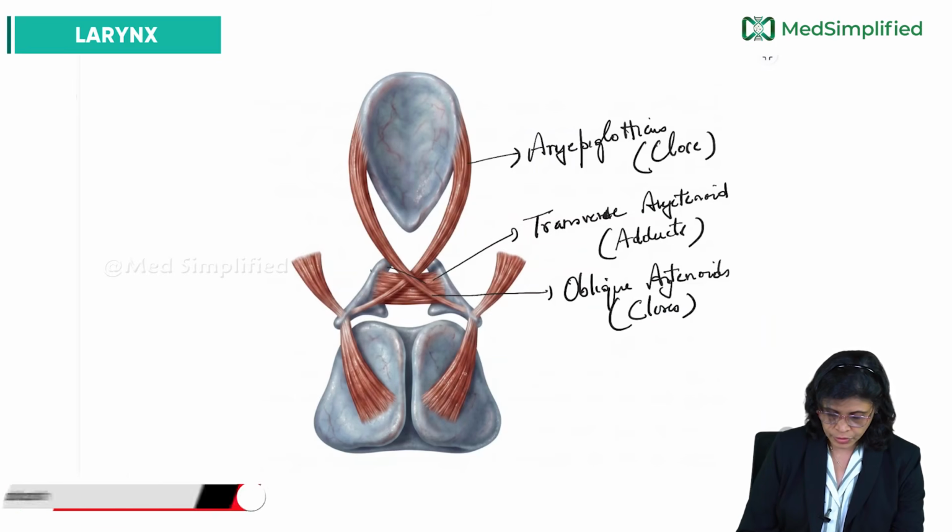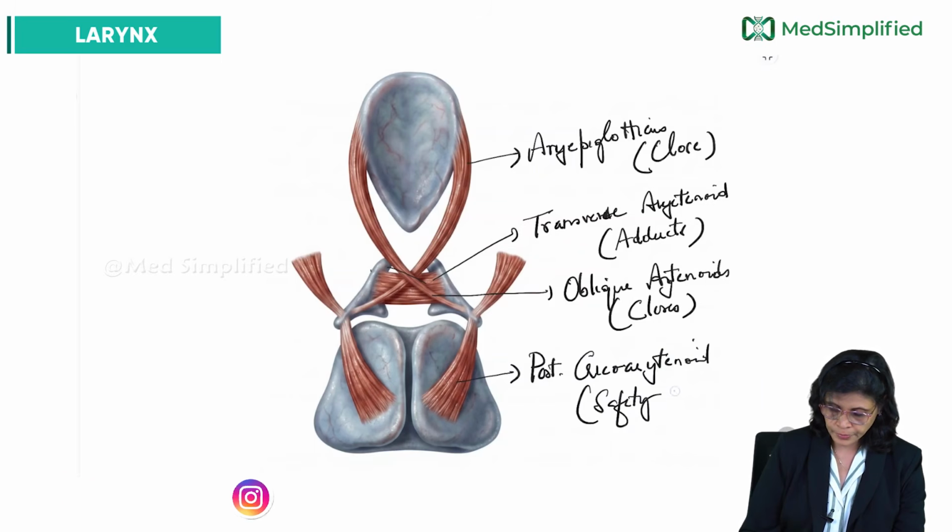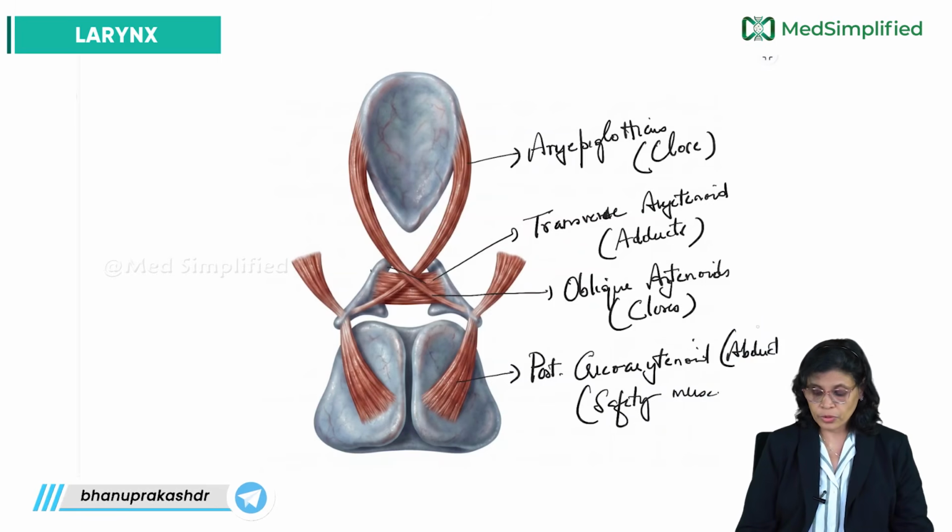Then we have the posterior cricoarytenoid. So it is the safety muscle. What does it do? It brings about the abduction of the vocal cord. So this is about the muscles and the actions.